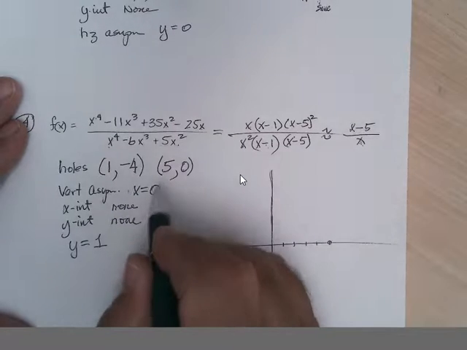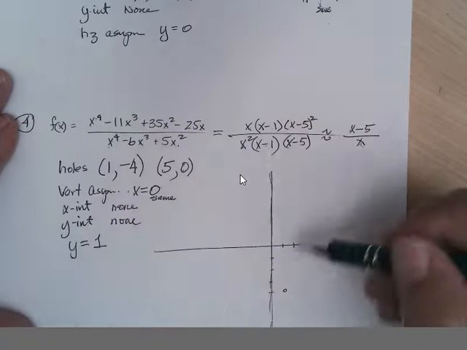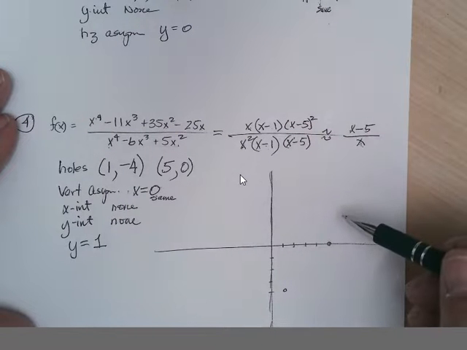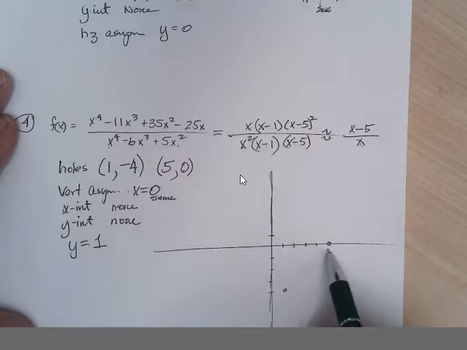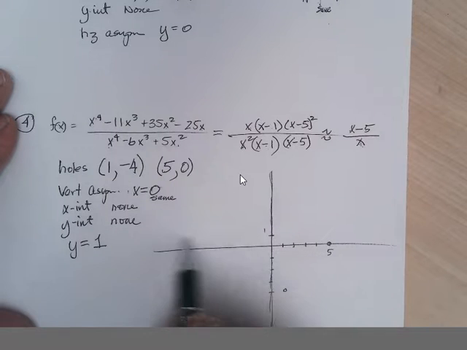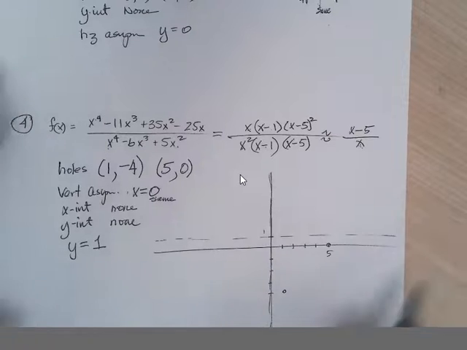It's a double, so the behavior goes in the same direction on either side of it, and it approaches y equals 1 as x gets really large or really small.